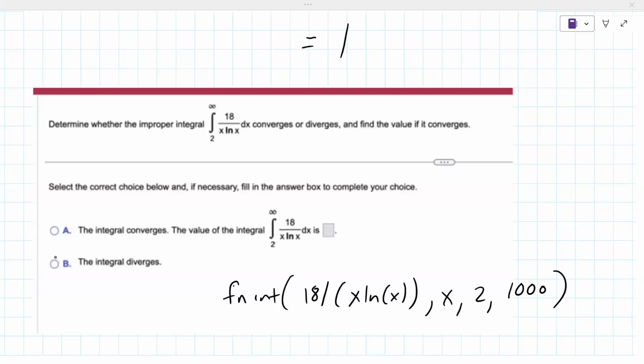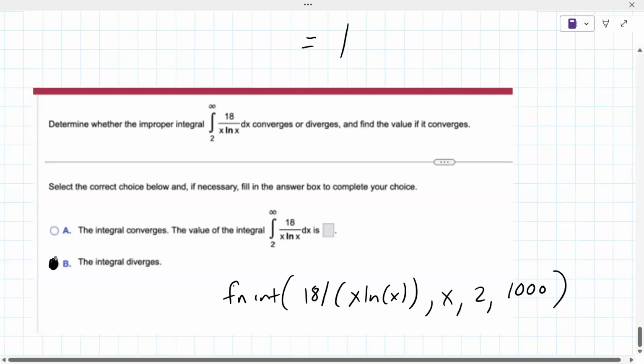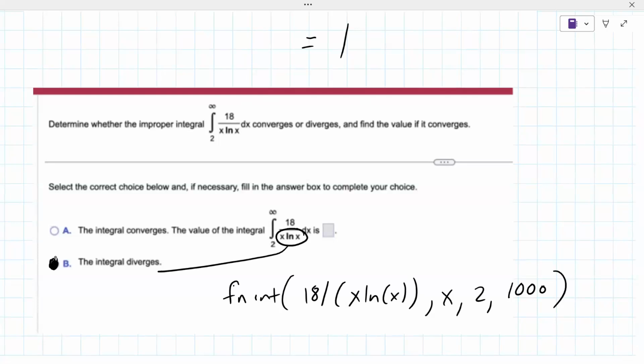Actually this one does diverge, which you'll know to look for. All right, one more. The last one I believe does converge.